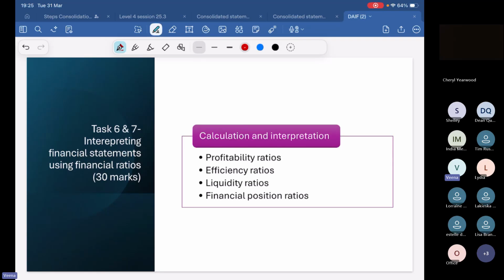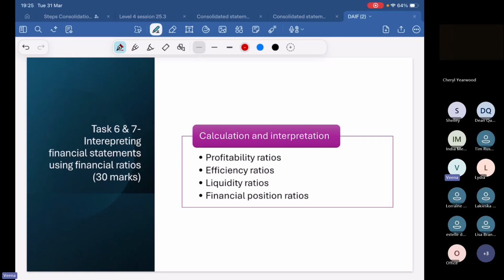Profitability is all linked around the profit. So you'll have to see how profitable the company is, what the profit is in comparison to the sales, and those sorts of things. Efficiency is about how efficient the company is. Liquidity ratios are like the current ratio, or how liquid the company is.